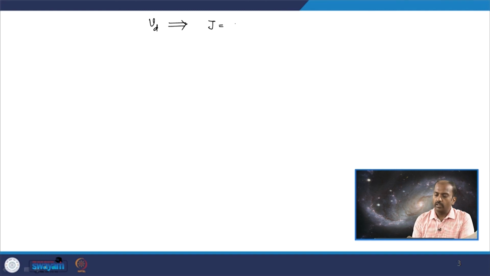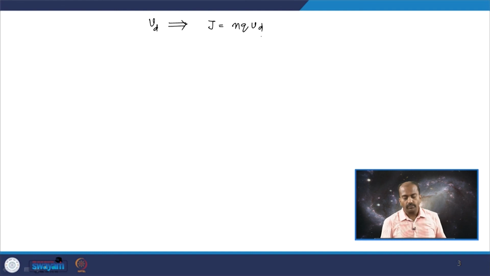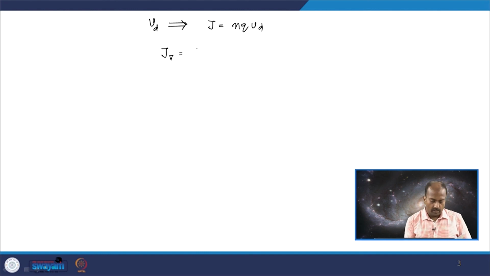Now, we very well know that with any drift velocity V d, the current density J can be written as N Q V d, right. Now, the current density due to the gradient drift velocity can be written as J del equals, let us say, N Q V del.